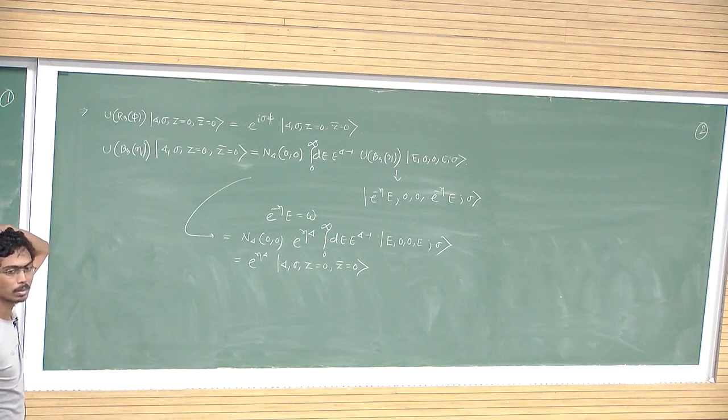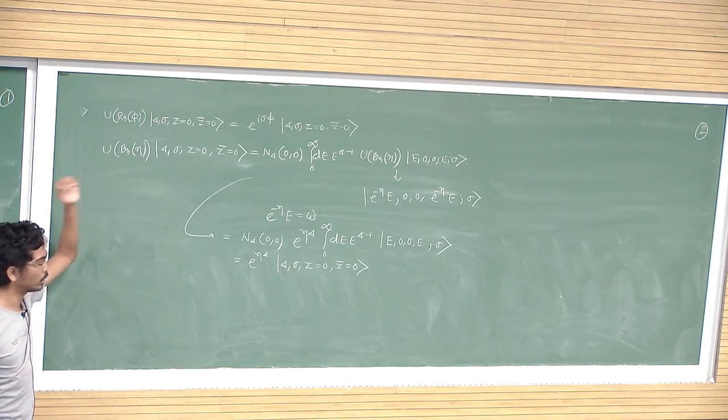This B3 is just to denote the boost in the third direction, and eta is the rapidity.